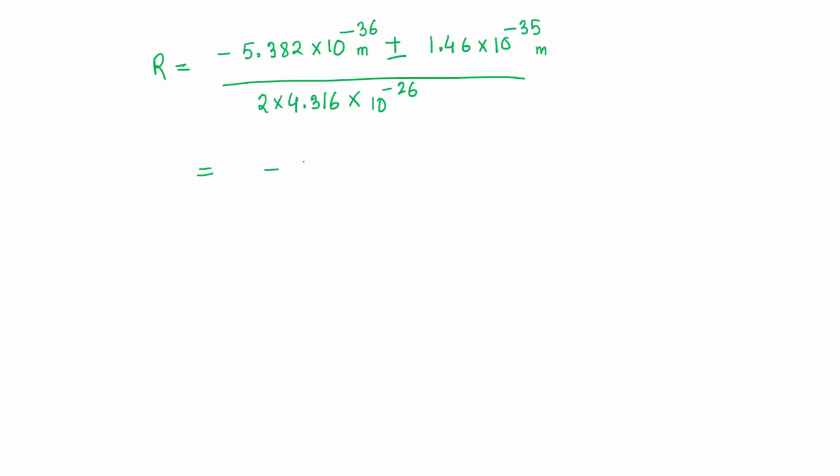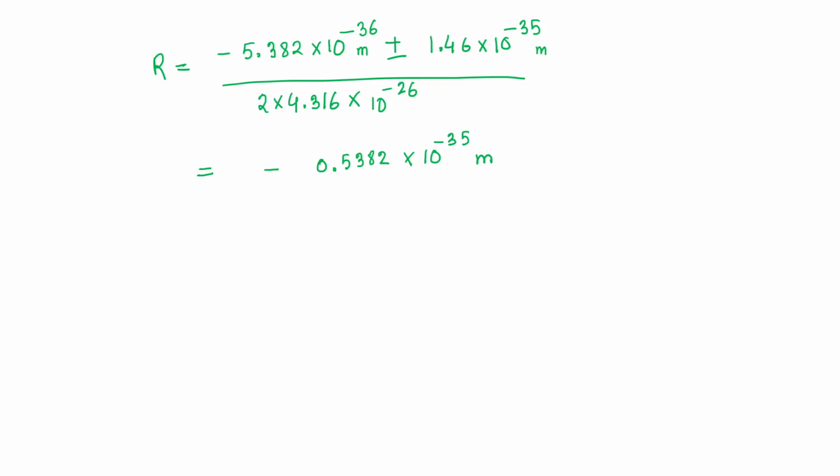So I will just make it a little easy. If I take both as 10 to the power minus 35, then it will become 0.5382. Is it correct? Yes, it is correct.